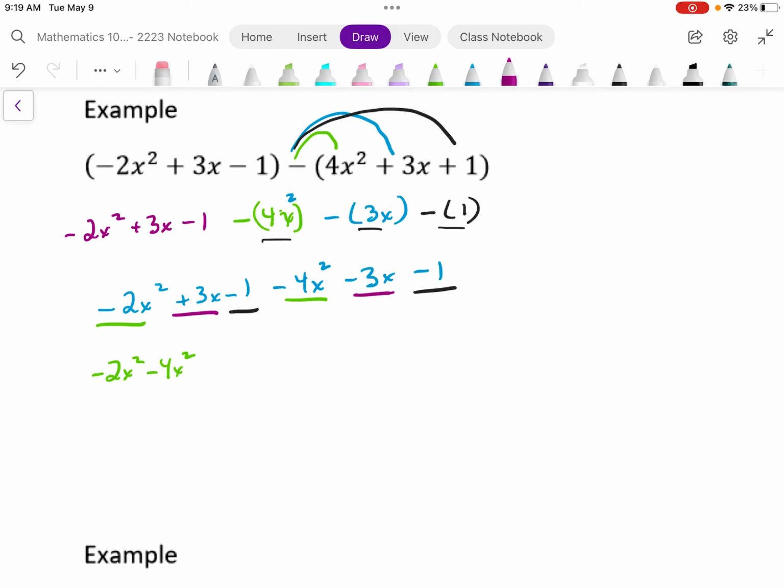I've exhausted all the x squared terms. And then I have 3x minus 3x. So does it help if I cross off here? So I've included 3x, and then I've included negative 3x. And then now I have negative 1 and negative 1.